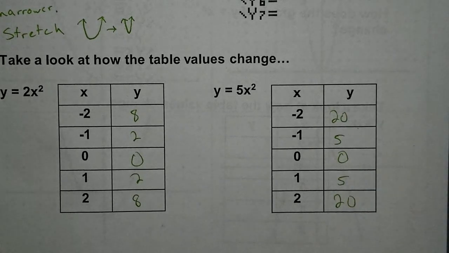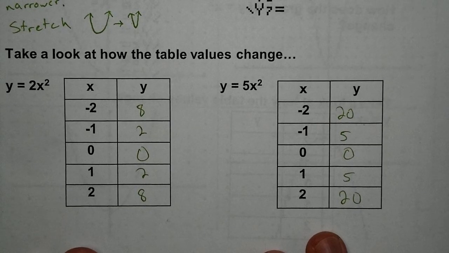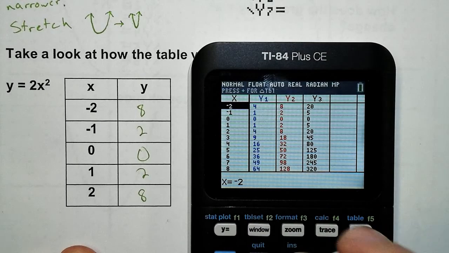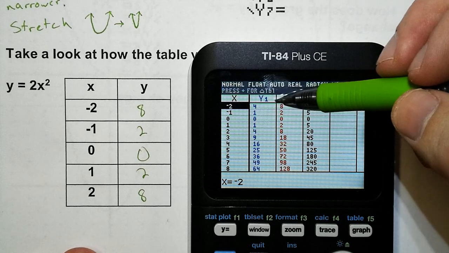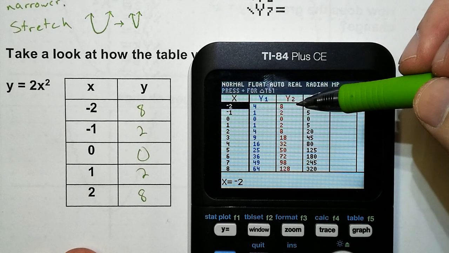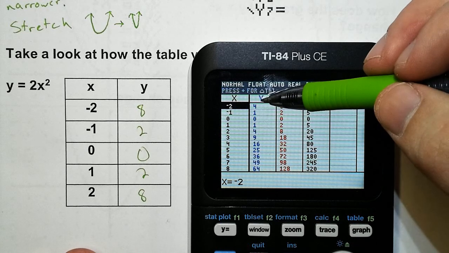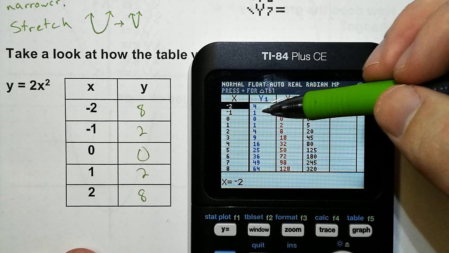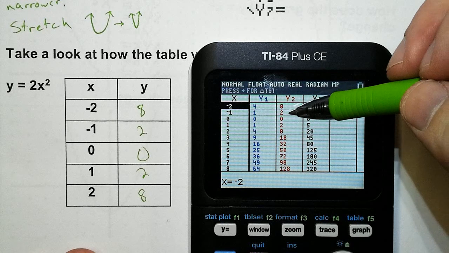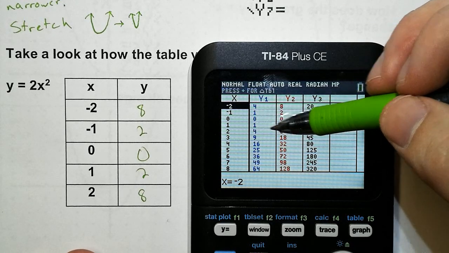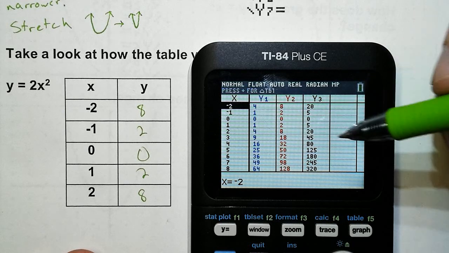So we want to see what changed about each one based on the original. Well, the original, which is in blue, you can see from 4 to 8, that's 2 times bigger. 1 to 2, that's 2 times bigger. 0, 0, don't change. 1 to 2, that's 2 times bigger. 4 times 2 is 8.